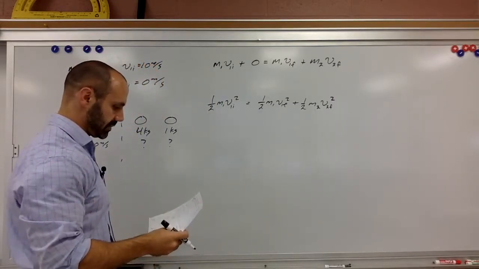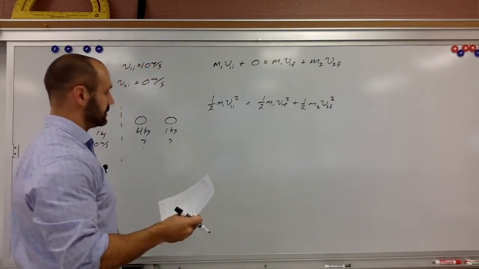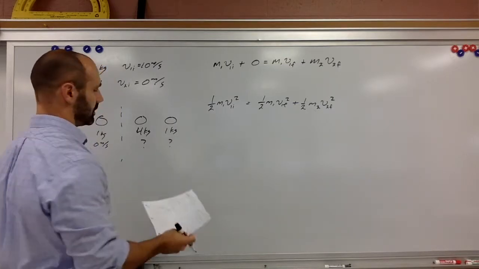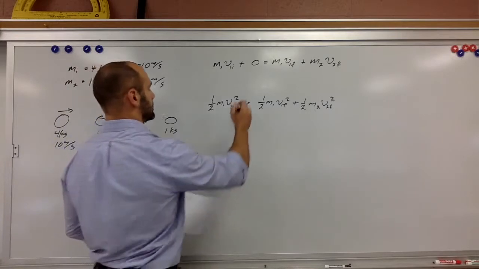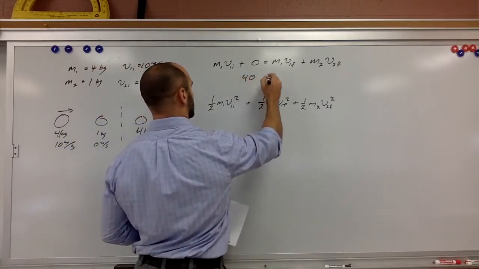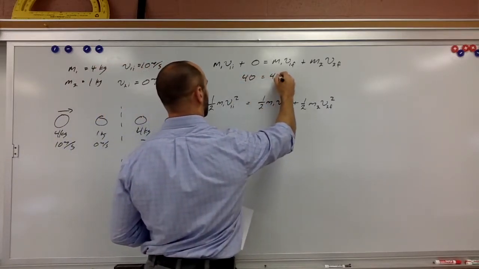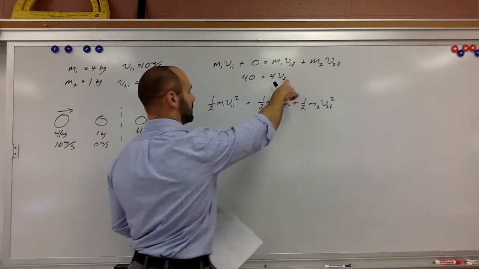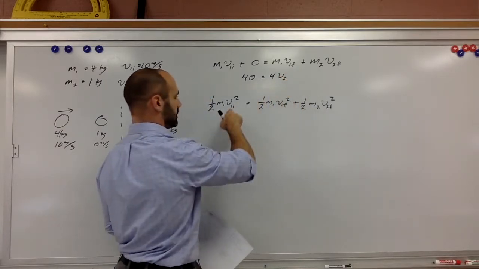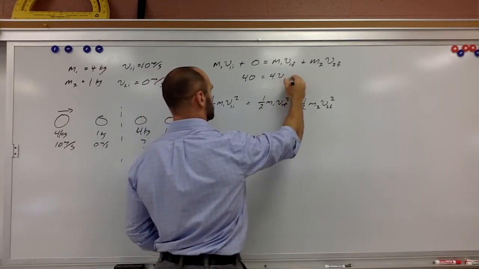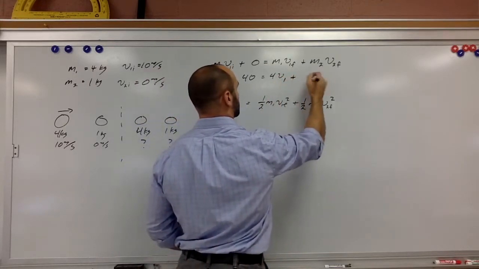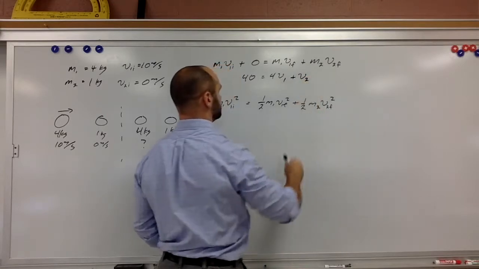Okay, so let's plug in some of the numbers because we are dealing with simple numbers like 1 and 4 and 10, so we can put in some of these things. This turns out to be 40. This is going to be 4. I'm just going to call this V1 now because I'm plugging in the numbers for V1I, plus, this is just now V2.